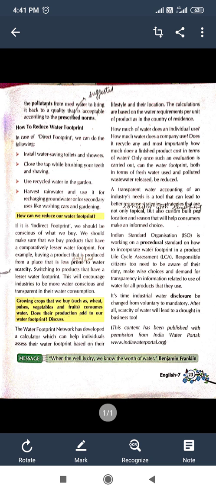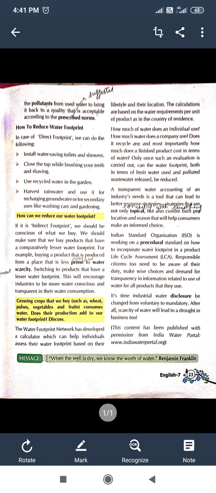They help each one of us to check how much water we are using based on our lifestyle and our location. What is the location where we are living? What is our lifestyle? Based on that, the Water Footprint Network tells us how much water we are using.